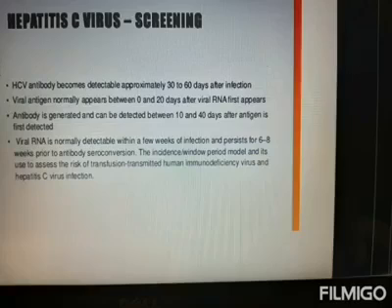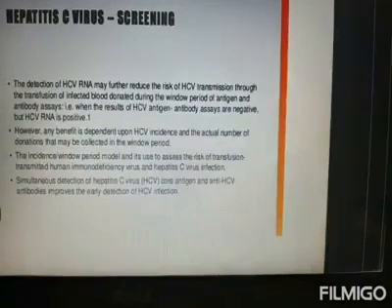That is when the results of hepatitis C virus antigen antibody assays are negative, but hepatitis C virus RNA is positive. However, any benefit is dependent upon hepatitis C virus incidence and the actual number of donations that may be collected in the window period.